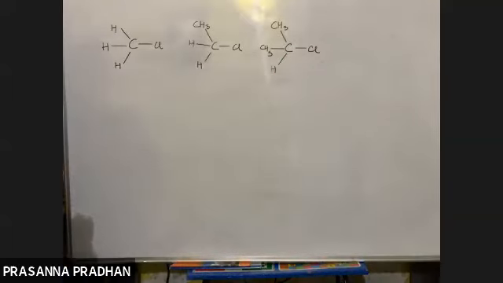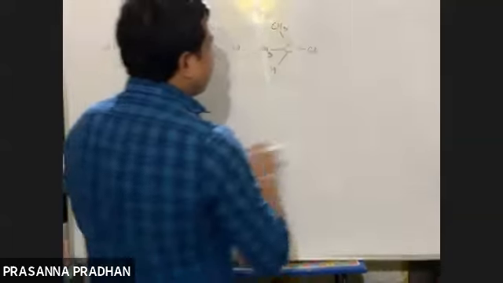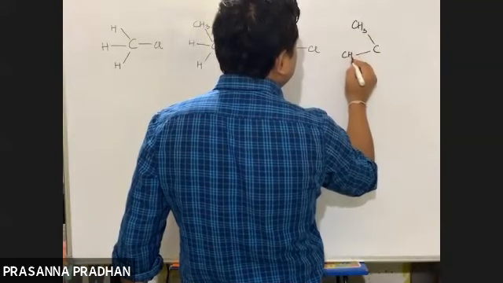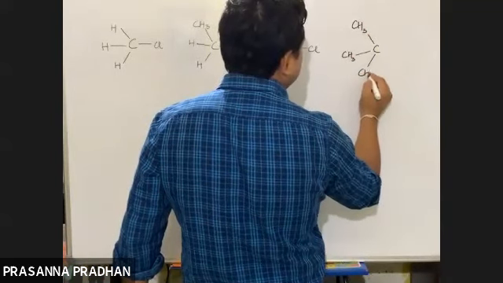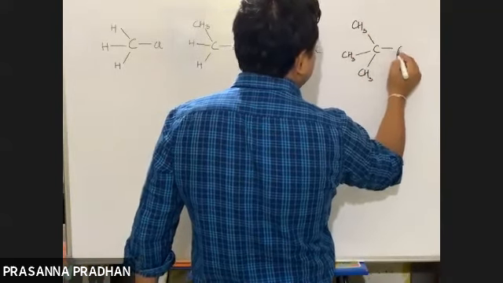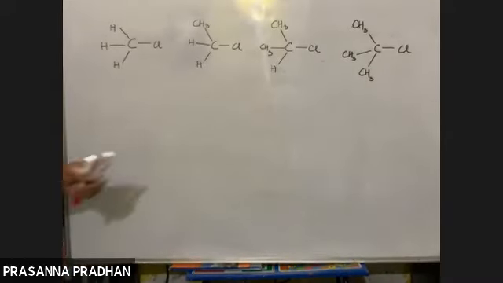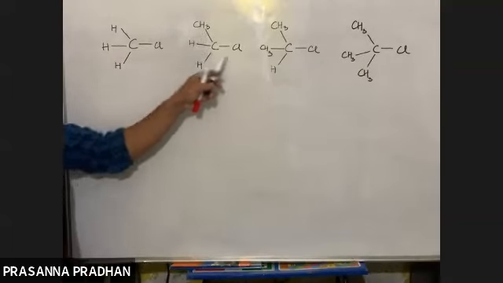And here I'm going to substitute all 3 hydrogens by methyl groups like this. So this is methyl chloride, this is ethyl chloride, CH3CH2Cl.